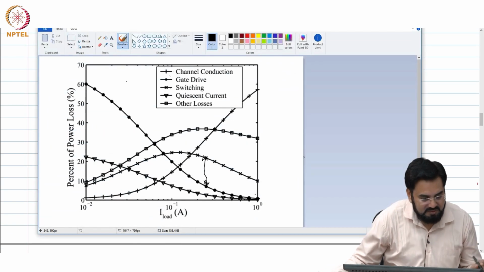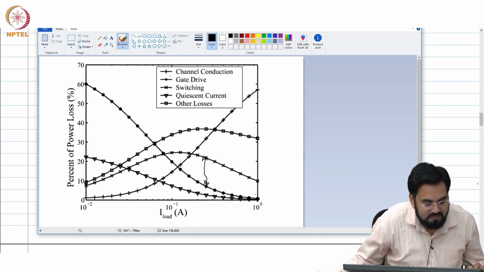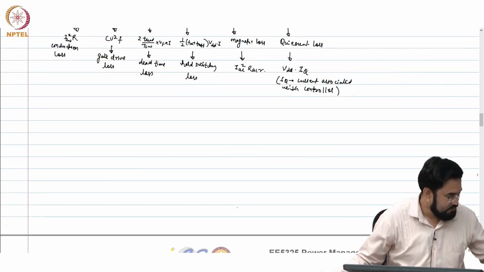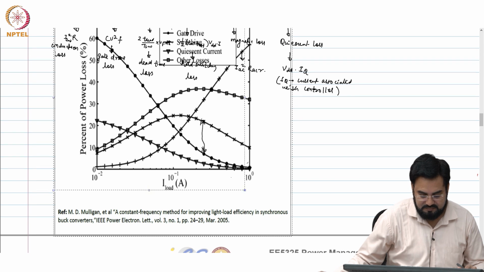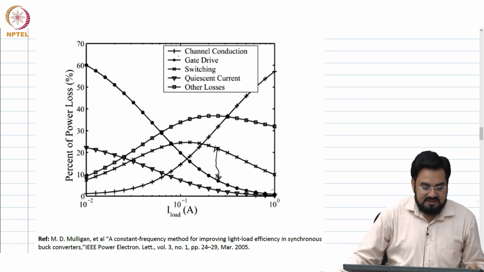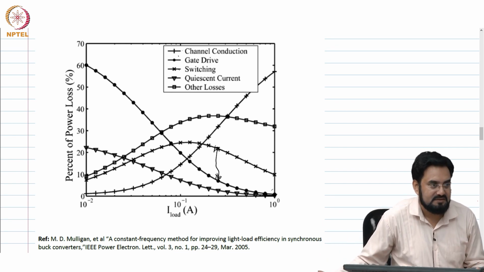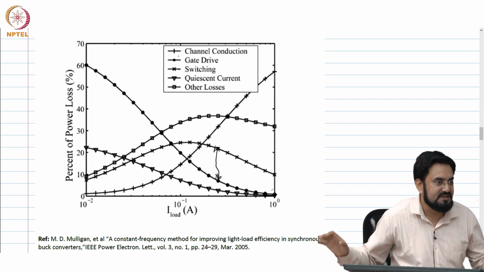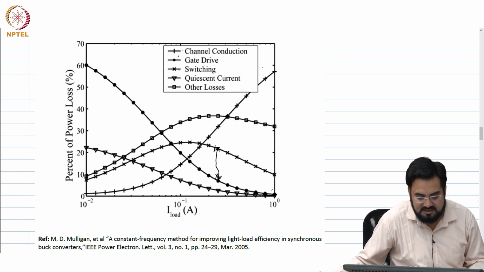Okay. So, now time to look at this graph. This is a normalized loss. Normalized means consider your total loss is 100%. Okay. So, it is showing which one is dominant at what point. So, when your load is very high, so what is this?